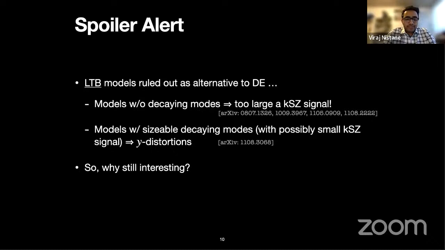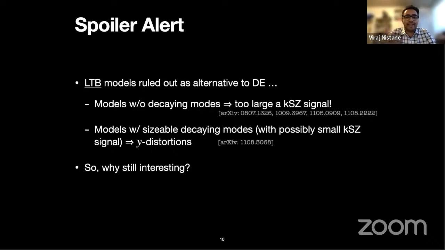So why should we still be motivated to study the LTB models? The important note here is that the LTB models are ruled out, but there is a variation of the LTB model, which is called the lambda LTB model.